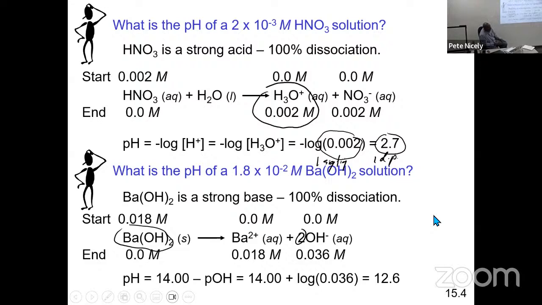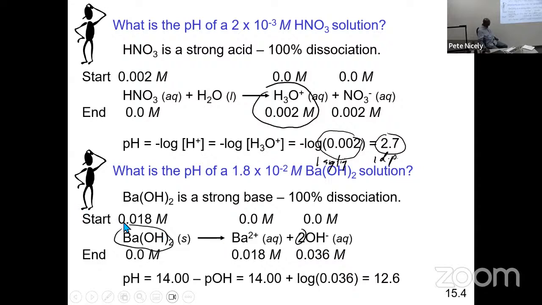Can you just walk over that? Which one? Where we were breaking down the concentrations? You mean right here? Yeah. Oh, okay. So notice this equation here. For every 1 mole of barium hydroxide here that is being dissociated, you're going to have 2 moles of hydroxide.